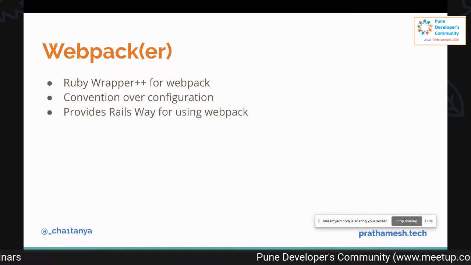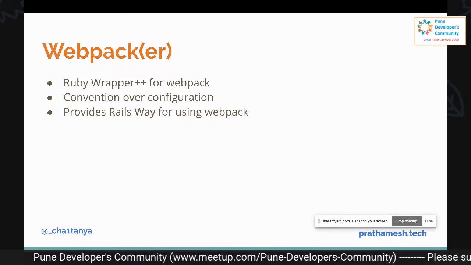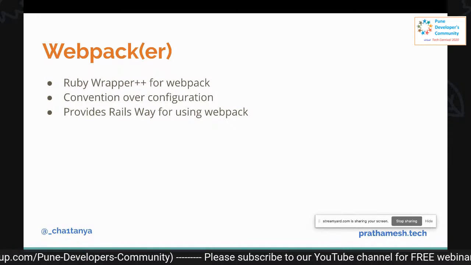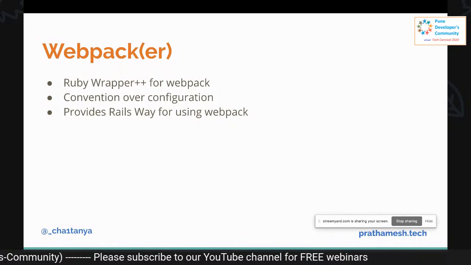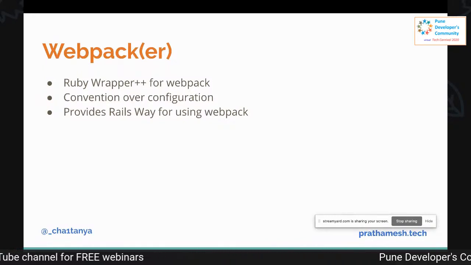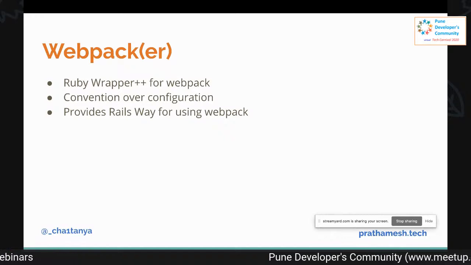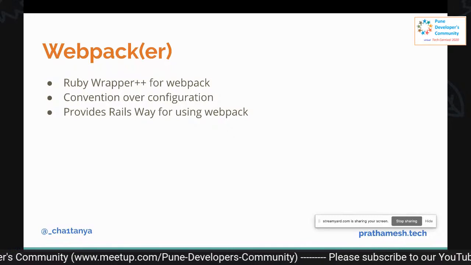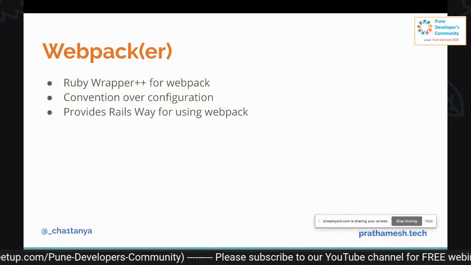So it's a wrapper over the Webpack JavaScript library, which we can use in our Rails applications. At least as of now, it is coupled tightly with the Rails application, so you cannot use it with any of the other web frameworks in the Ruby ecosystem. What it tries to do is bring the same convention over configuration approach to JavaScript that we already have in our Ruby code.